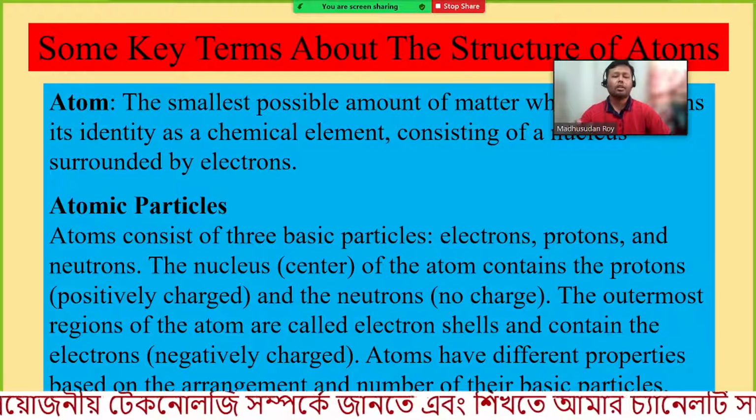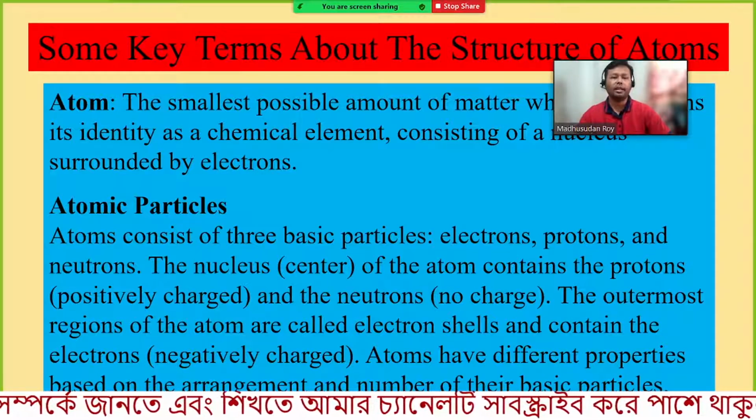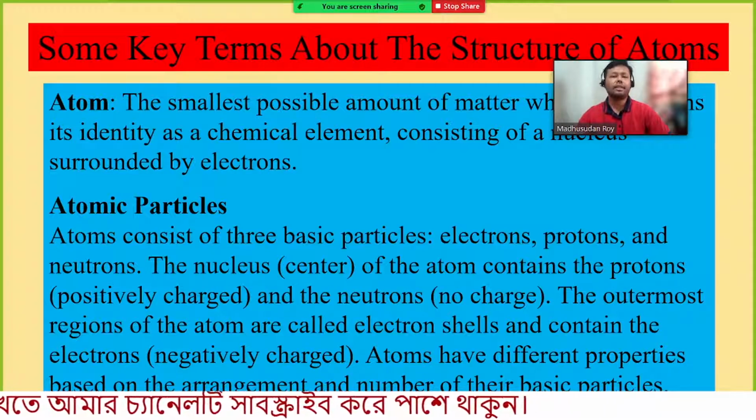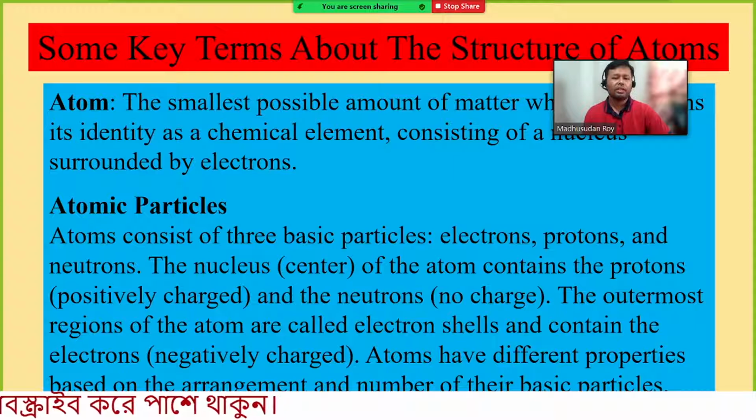If the number of particles is different and the arrangement of the particles is different, then the properties of that element will be changed compared to any other one. Therefore, atoms have different properties based on the arrangement and number of their basic particles.